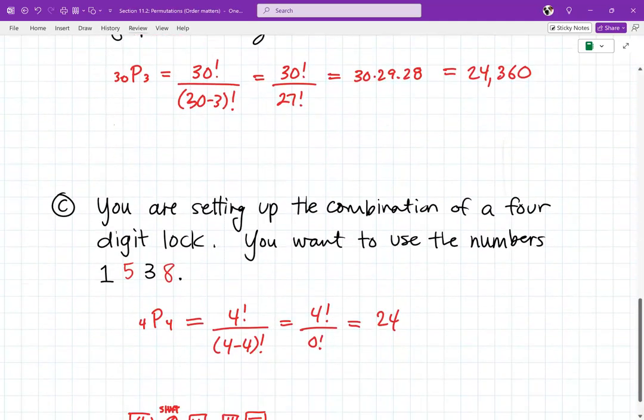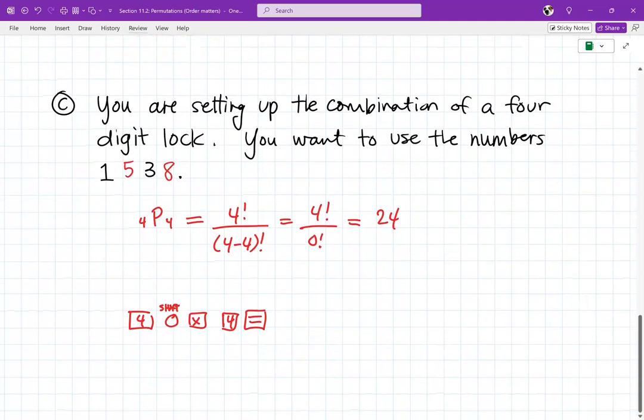This one, the last one, the combination lock, that's the hardest one because even I want to say order doesn't matter. It can be 1538, 1358, 1853, 1835. It doesn't matter. I'm using all four numbers, right? But the reason why this one is a permutation, why order matters, is because once you pick a number, you can no longer pick it again. That's the issue, okay? Because all four have to be used.